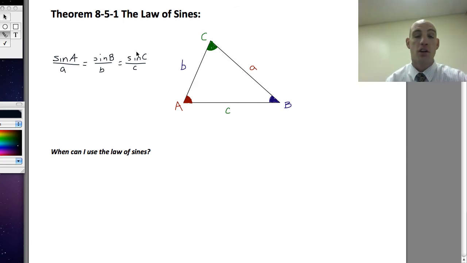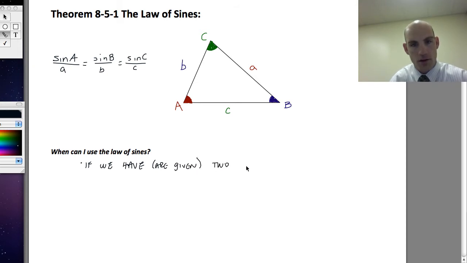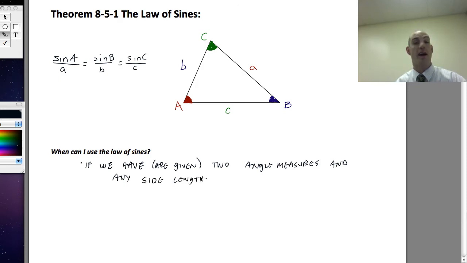We can only use the law of sines in specific situations. It will become clearer which one you're going to use eventually. But for right now, we can use the law of sines if we have, and I'm going to put in parentheses if we're given, two angle measures and any side length.